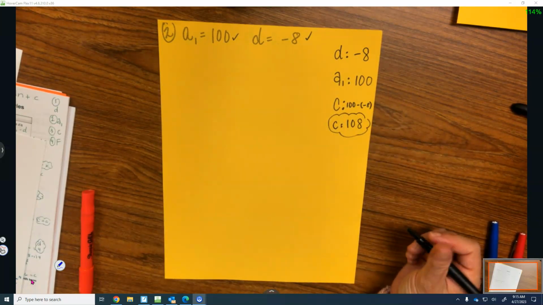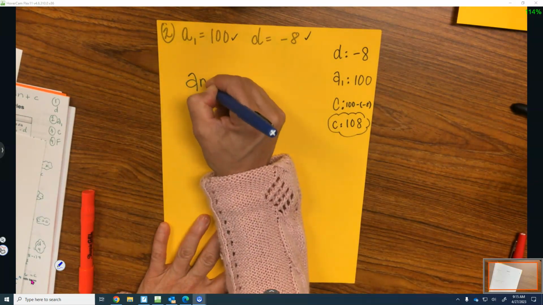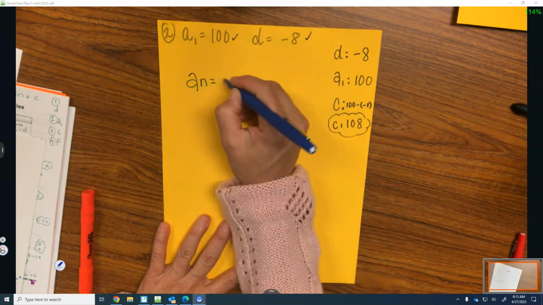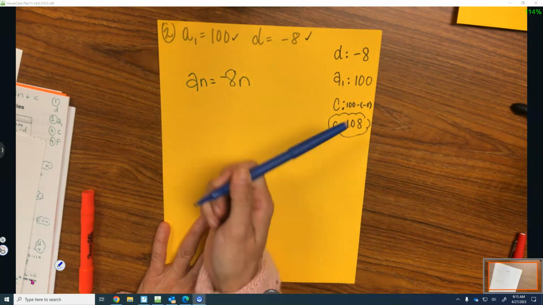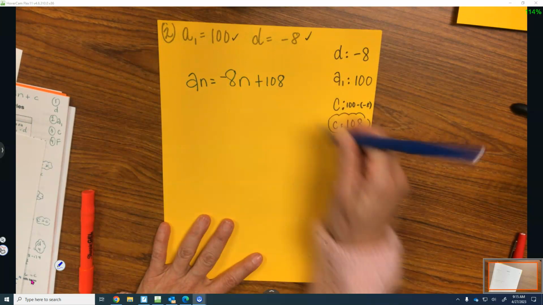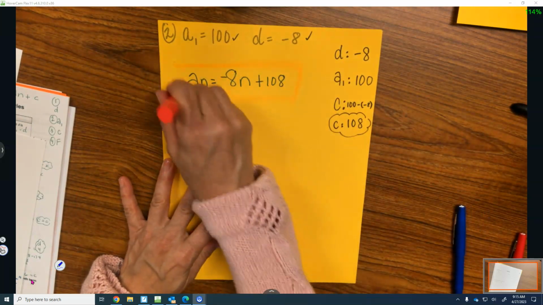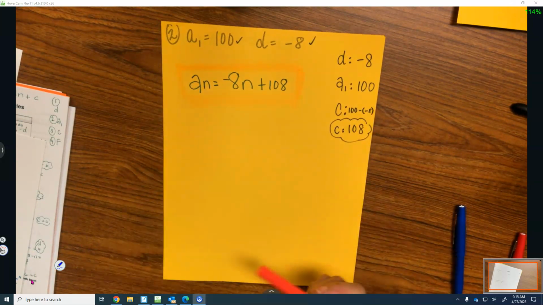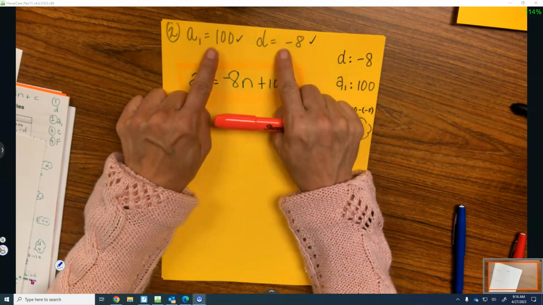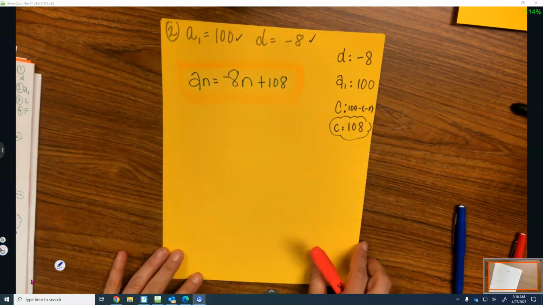All right, so now that we have that, we're able to write the formula. So it's going to be a sub n equals -8n plus 108. And that's how we write the formula. Now, I do have to say these are super easy problems because they give us these. Sometimes those are missing.